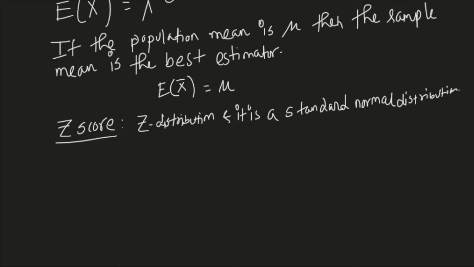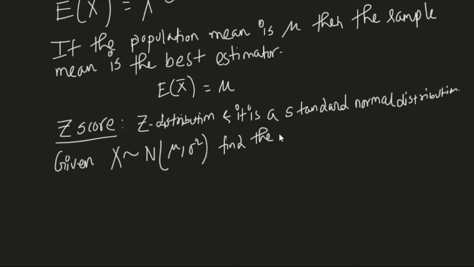So let me give you an example. Given x is a random variable following a normal distribution with parameters mu and sigma square, find the z score for some value.